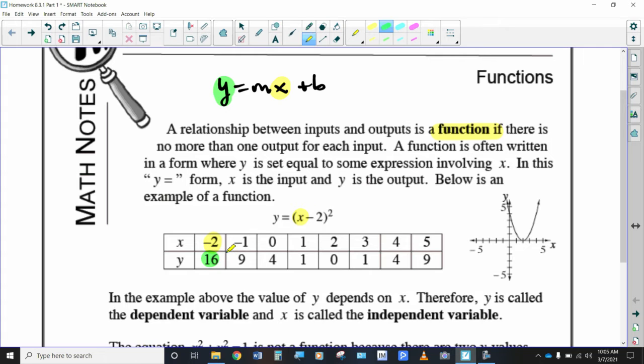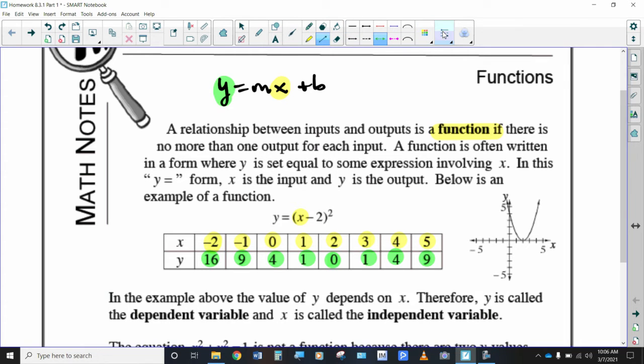Something is broken, and it would be actually impossible in this situation. So that's the nature of functions. Every time you plug in a number for x, you will always get the same output, the same value for y.